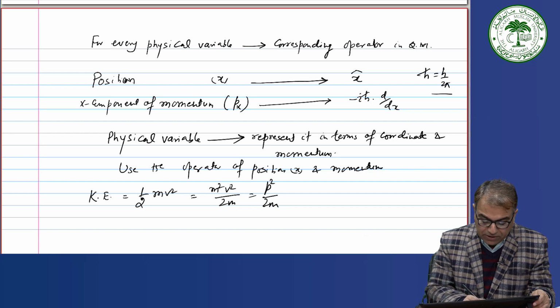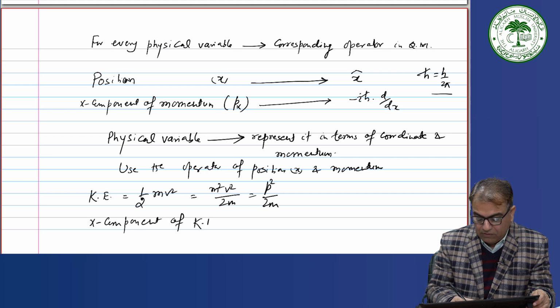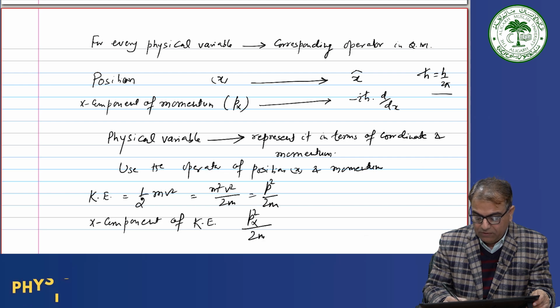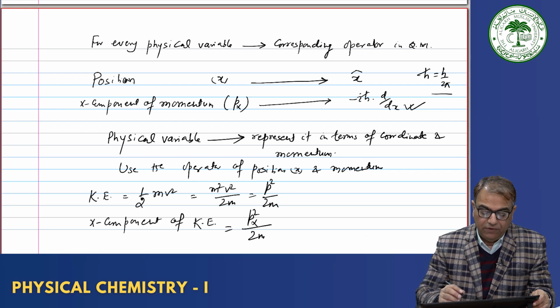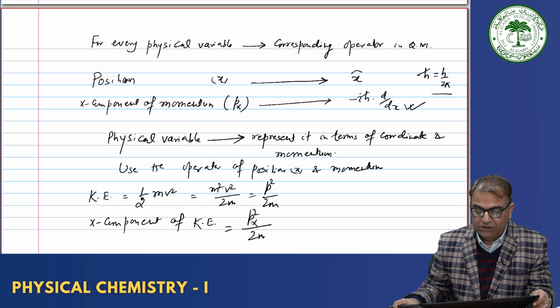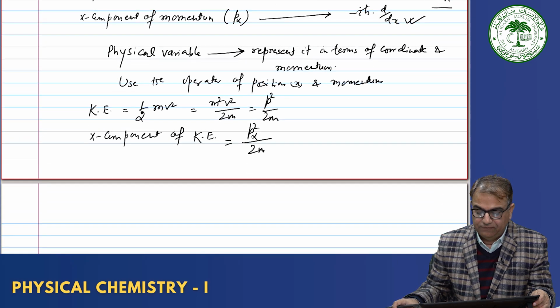So, for the x component of kinetic energy, you can write px square divided by 2m. Now, you already have the operator of the x component of momentum, so use this one and you see how you can use it.